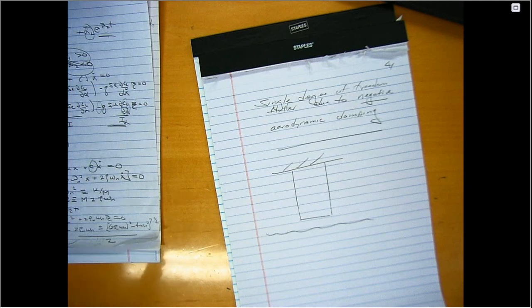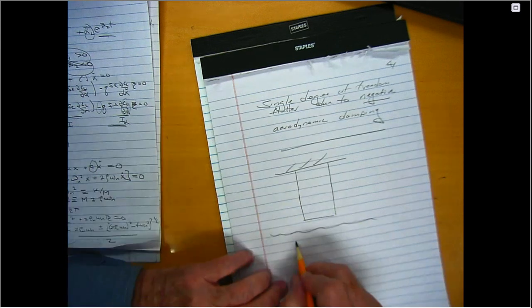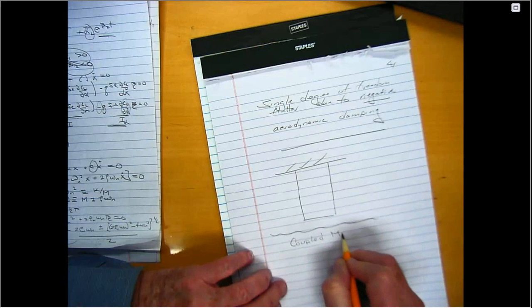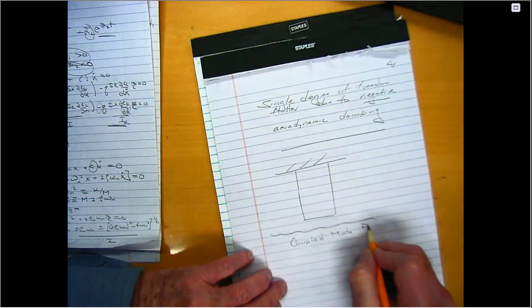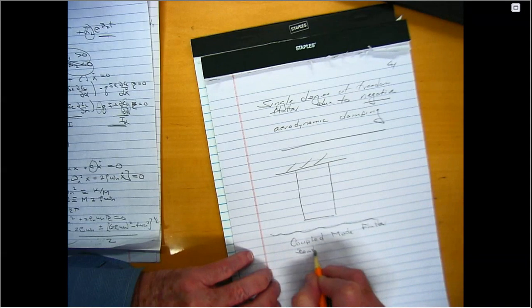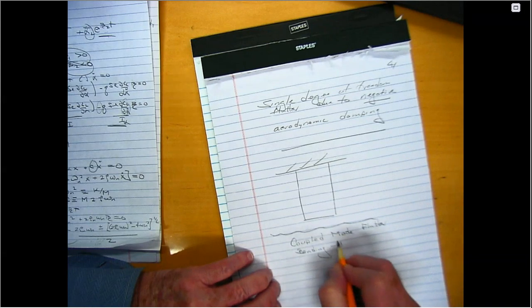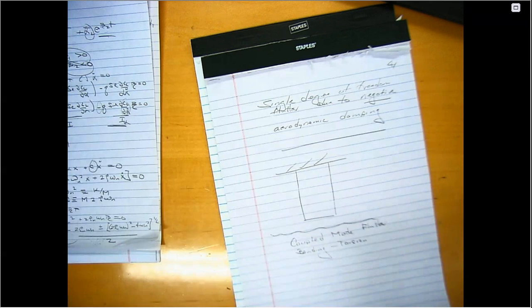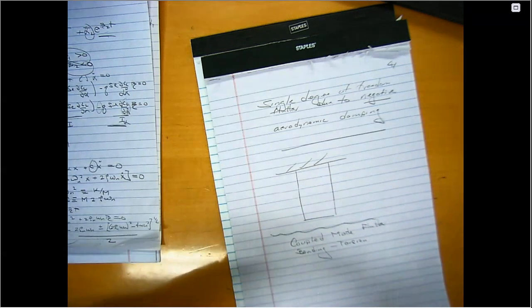So the other classical form of flutter is called coupled mode flutter. It has various names, and coupled mode flutter is one name. It's sometimes called bending torsion flutter, because it turns out it takes one bending mode and one torsion mode for this kind of flutter to happen.